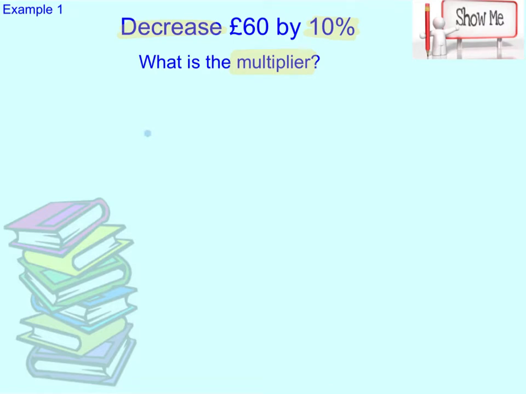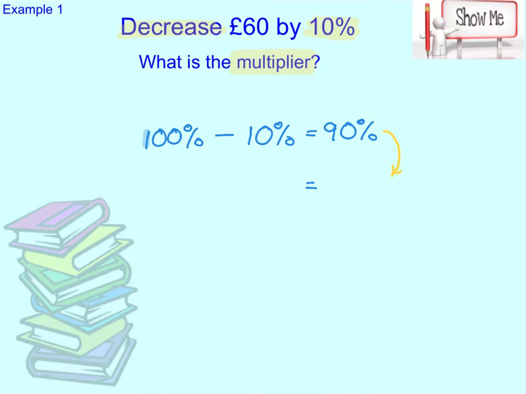Now remember the original amount is 100%. Decrease means less, so we have 90% left. Okay, what is the multiplier? Now, the multiplier is those decimals that we saw at the start of the lesson when I was doing your starter activity.